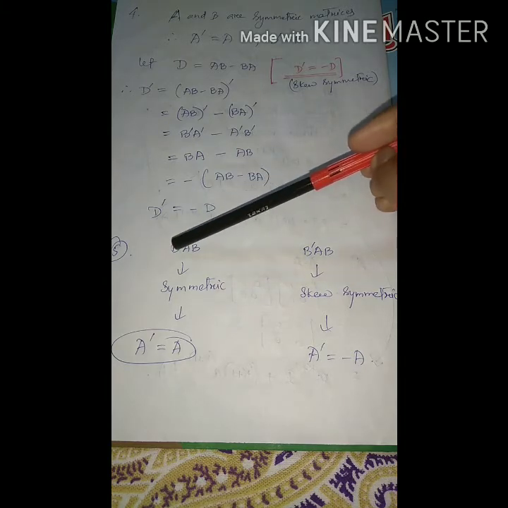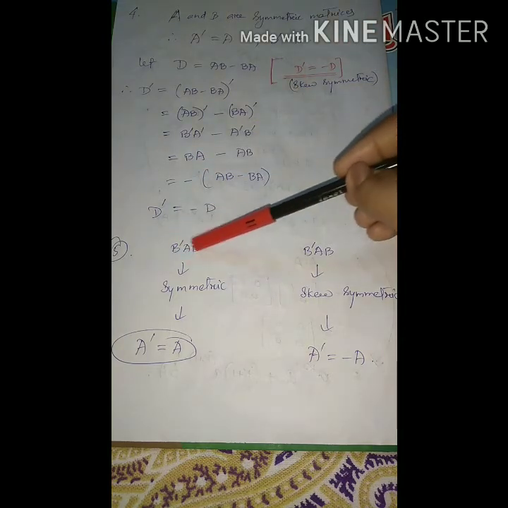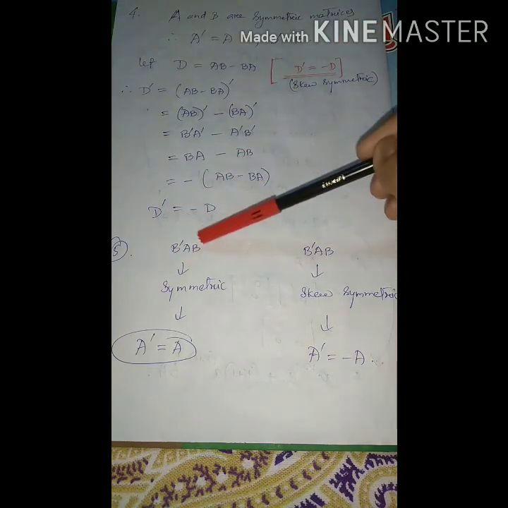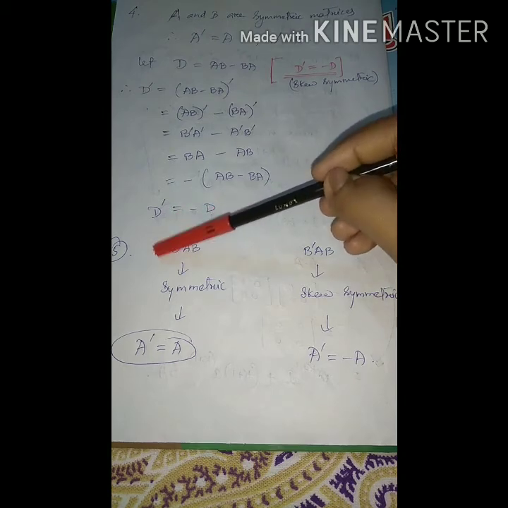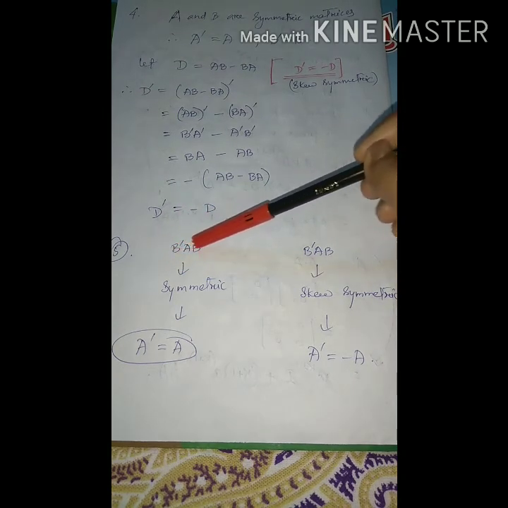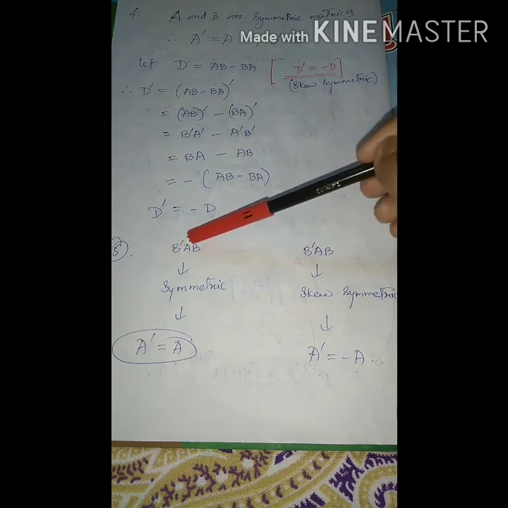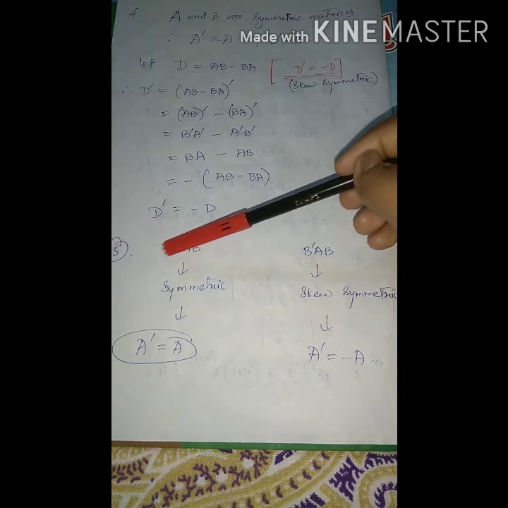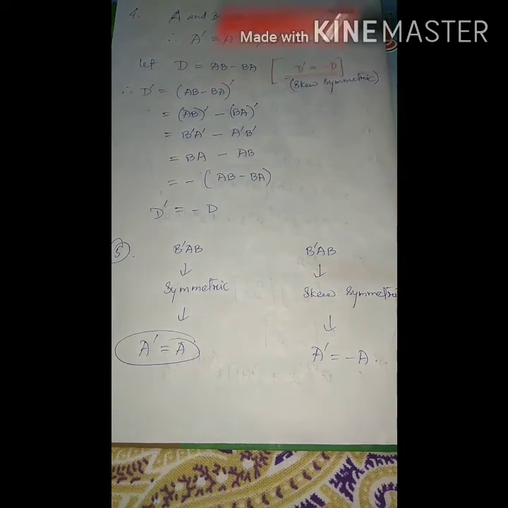First of all, we assume AB as one matrix and B transpose as another one. If you take the whole transpose, (B transpose AB) transpose, then assuming AB as one matrix, you write (AB) transpose into (B transpose) transpose.